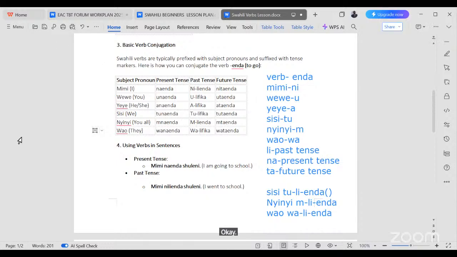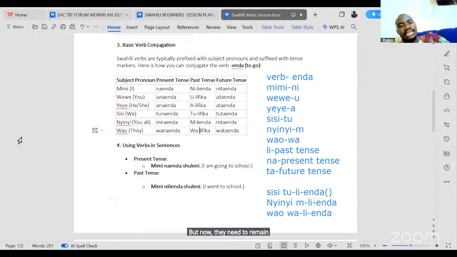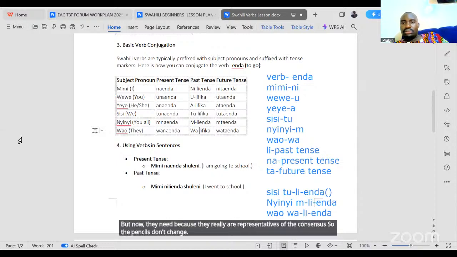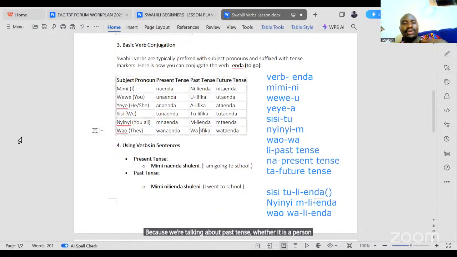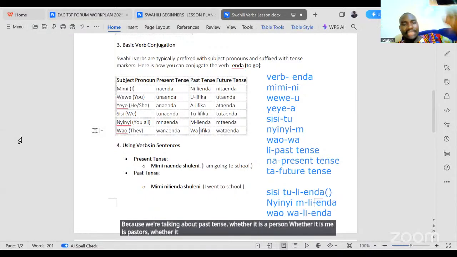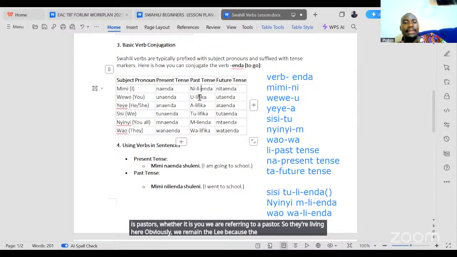But the li will remain because the li represents the tense. So the tenses don't change. Because we're talking about past tense, whether it is me, or you, we are referring to a past tense. So all those li will remain li because li represents the past tense.